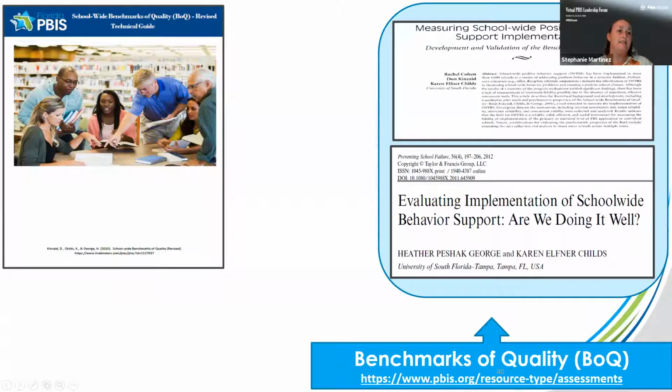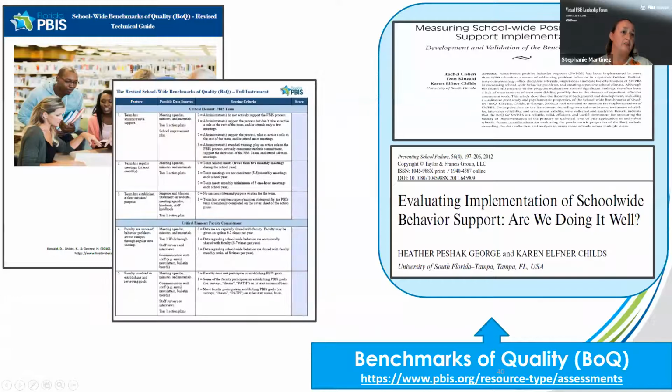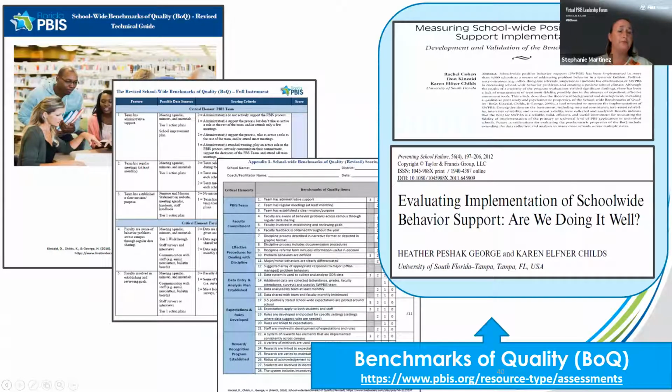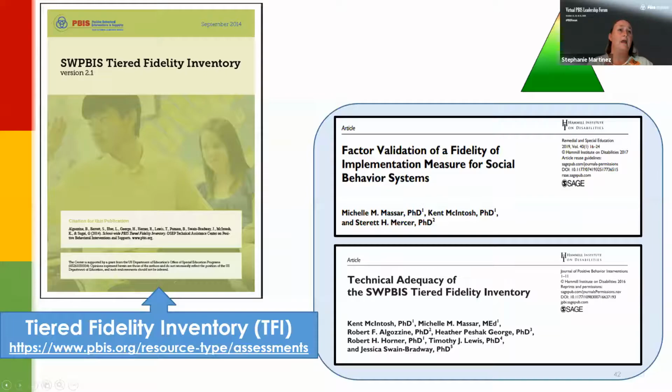If you haven't seen them, here are samples of what those tools look like. We've got the Benchmarks of Quality, an evaluation of the Benchmarks of Quality, and then the TFI. So here's a sample of the TFI. Again, as Heather said, here are the links for those, and here's some research behind those as well.